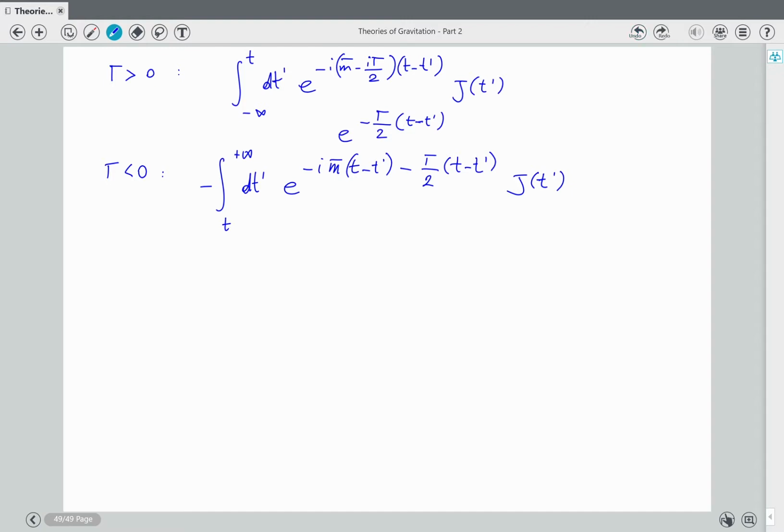But you don't need to know the source a lot in the future, and you didn't need to know the source a lot in the past. Why? Because of the damping factor, which is an exponential that tells you that after a short time, 1 over gamma, this kills everything. But even if you didn't have the damping factor, you just had an oscillating factor in front.